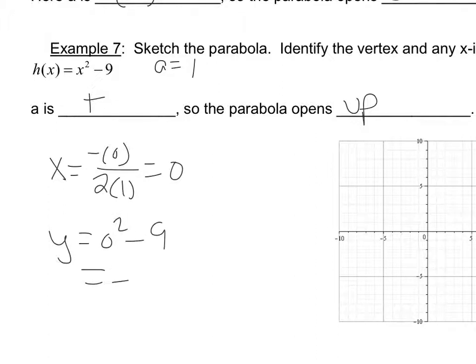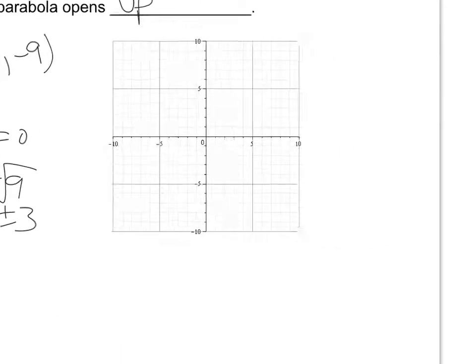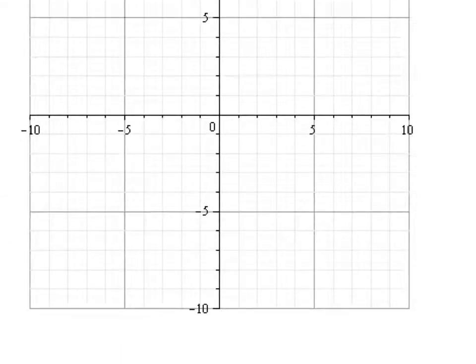You get negative 9. So we know our vertex is 0, negative 9. And we know it opens up. And this one shouldn't be hard to get other 2 points. Set it equal to 0, solve. So you get x equals plus or minus 3. Okay? So if we go to look at our graph, we have the point 0, negative 9.